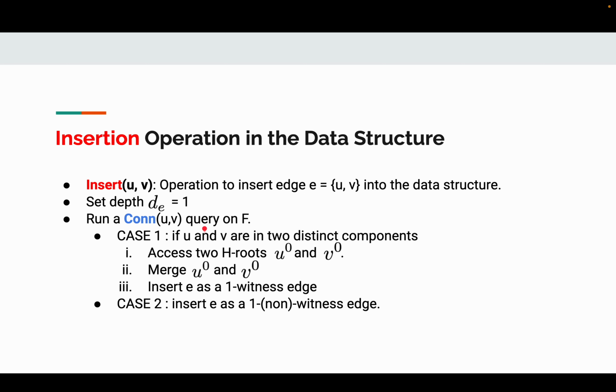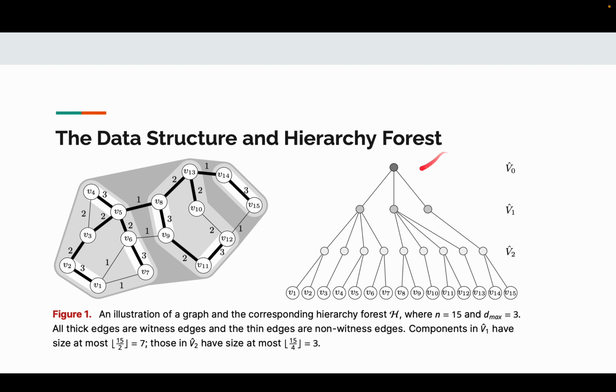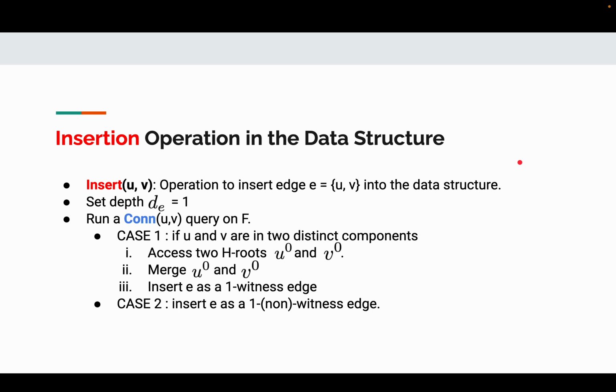If the edge does connect two distinct components, we then proceed to access the root in the hierarchy of u and v, merge them, and insert e as a depth-1 witness edge.